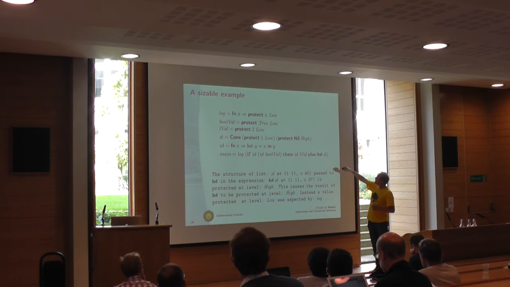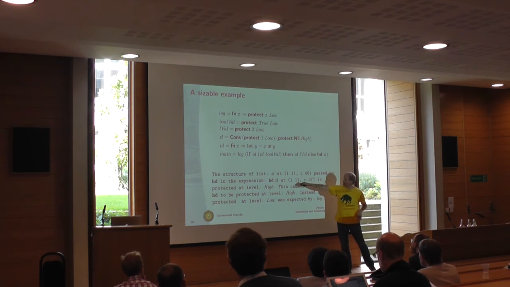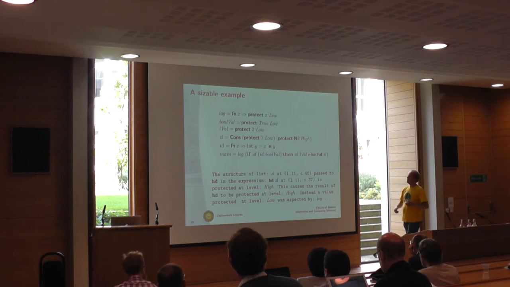So this is a high, this is a low value, that's a low value, and we may think that this is a low value, and then it's correct to pass this value into the log, which expects a low value. But because this is a high, it won't work, and actually this rule explains that head ZL generates a high with a confidential value, and in the end it clashes with whatever we want to pass to log, because we use it in this conditional construction.